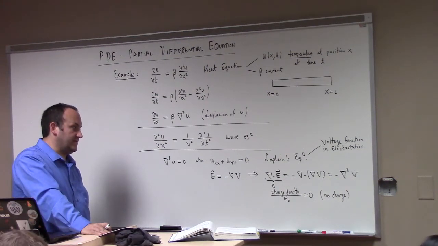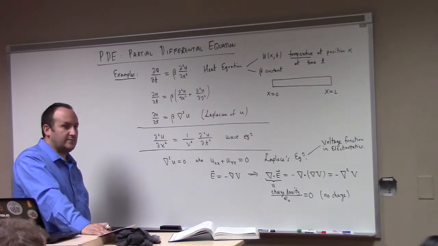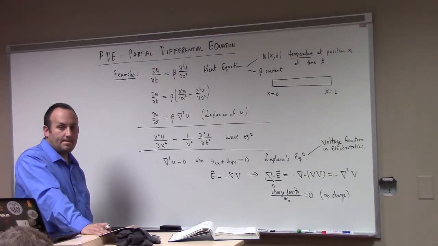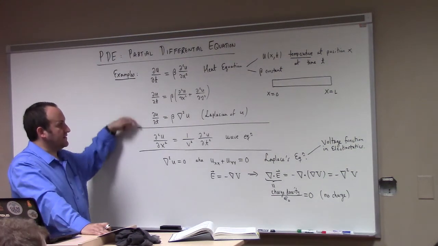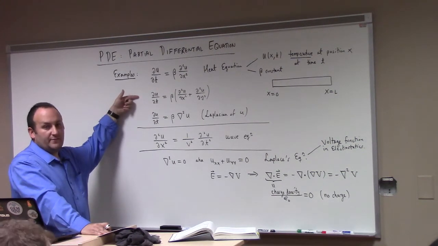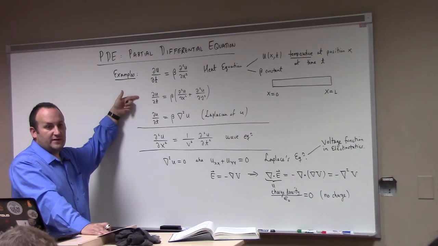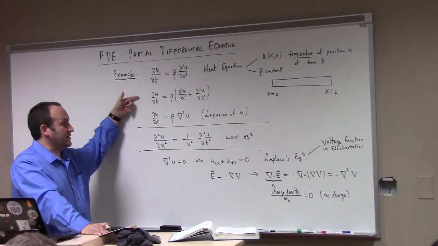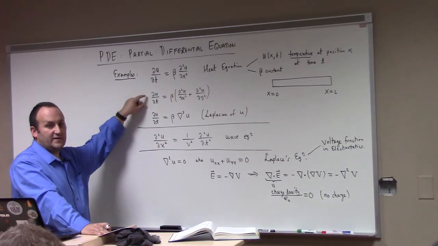Do any of you know where else Laplace's equation would come up? How about in the previous situation, like up here in the heat equation? If you're looking for a static solution to the heat equation, one which is not changing in time, you would set partial u partial t equal to 0, right?